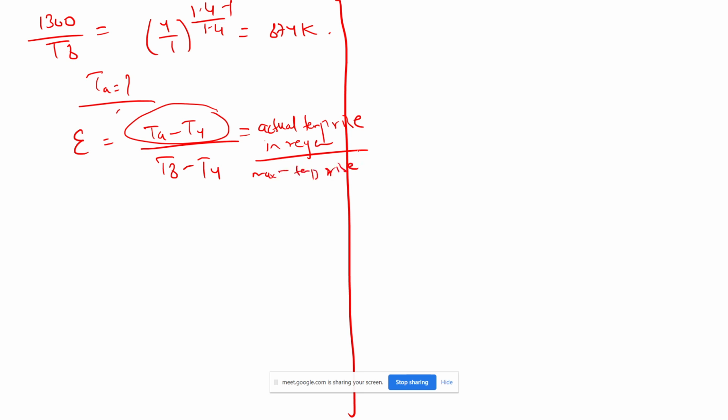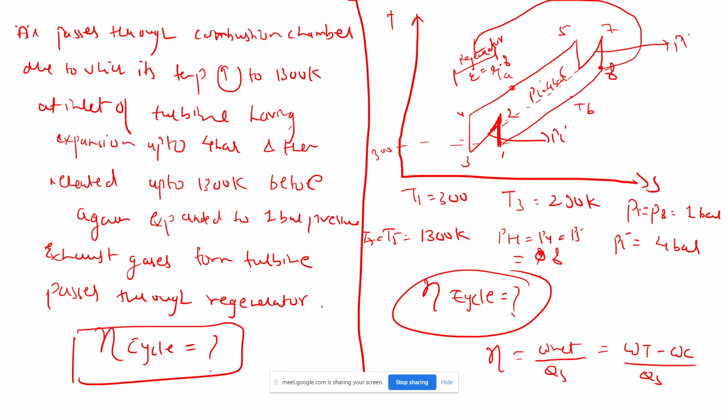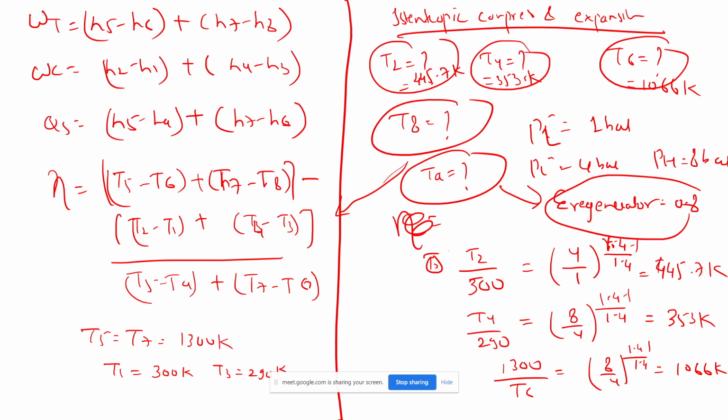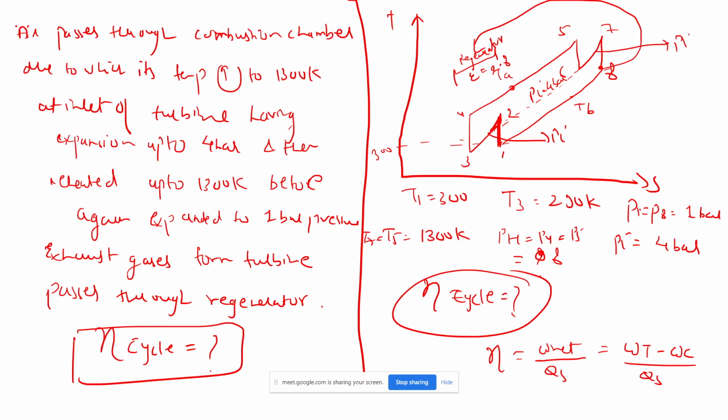Okay, so what is the actual temperature rise? Ta minus T4. Yes, the actual temperature rise is Ta minus T4, and the maximum possible we can get is T8 minus T4. T8 is the exhaust of the turbine.